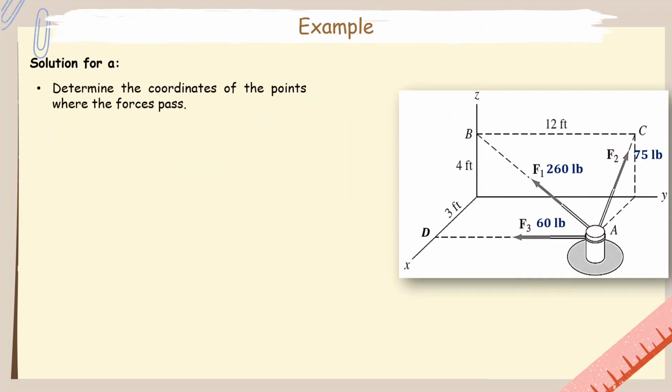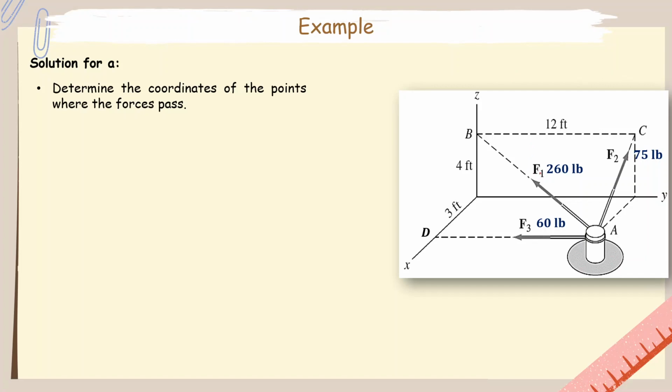So, determine the coordinates of the points where the forces pass. So, the first step para ma-answer na to ang letter A is kailangan natin kunin ang coordinates kung saan pupunta or saan mag-act yung mga forces. For example, si F1, saan nag-act si F1?